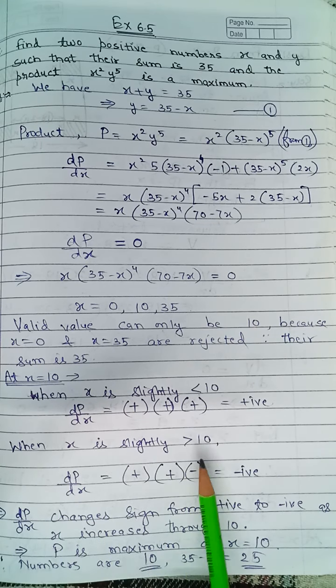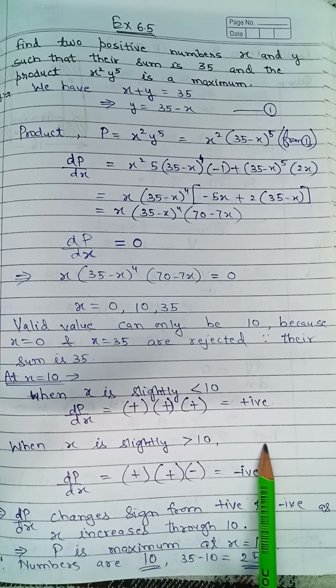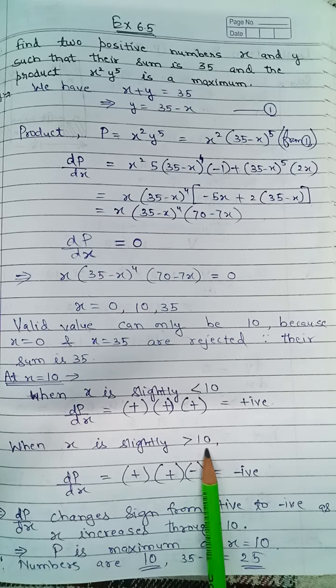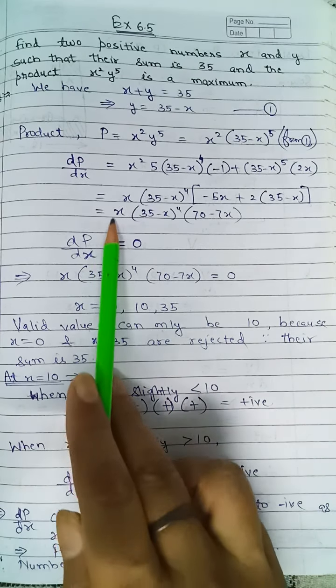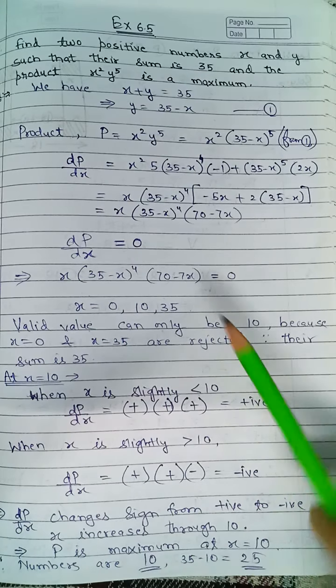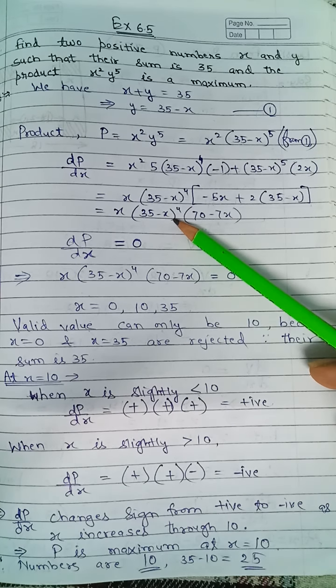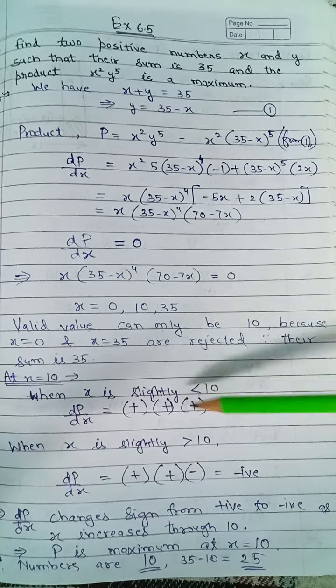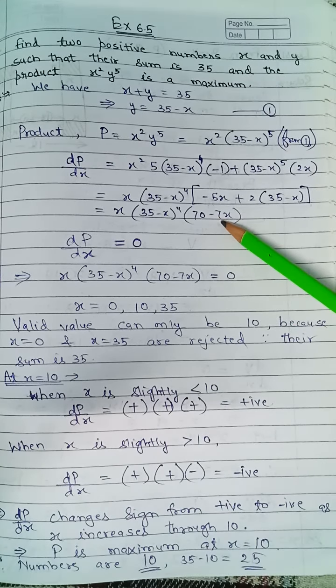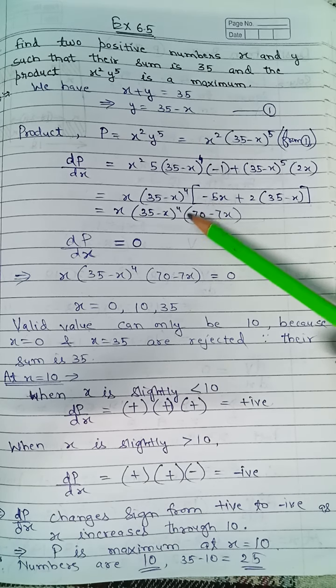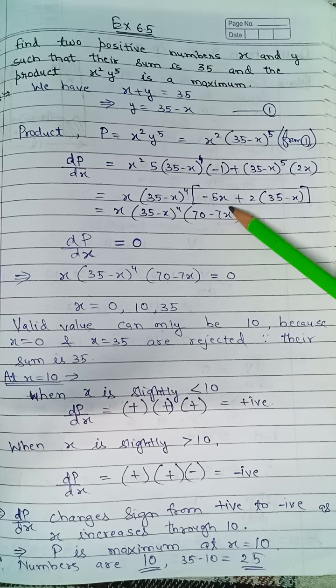When x is slightly greater than 0, towards the positive side of 10, what will happen to dP by dx? This will be positive. We can see 35 minus a number slightly greater than 10 will also be positive. But just see, if this x becomes more than 10, even slightly more than 10, then 7x becomes greater than 70.